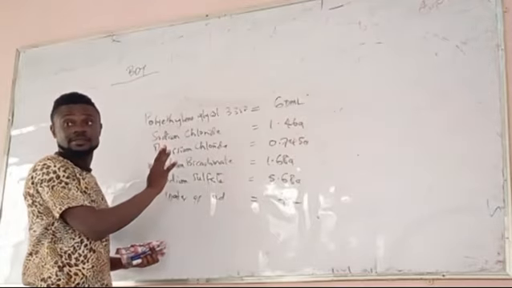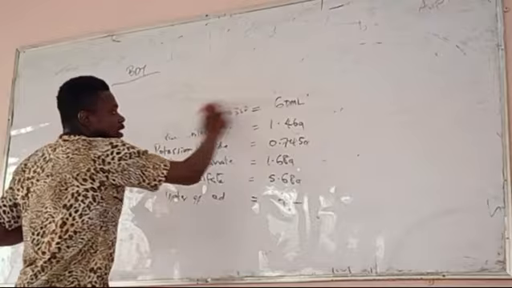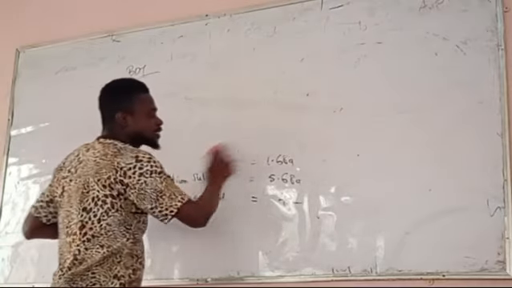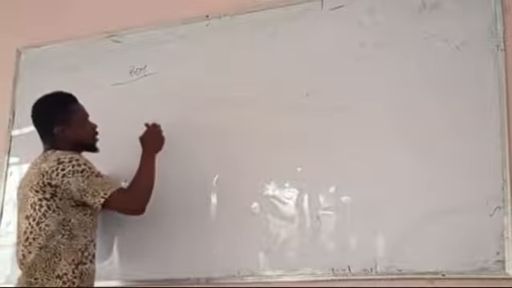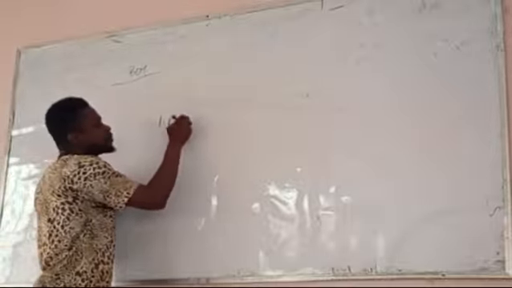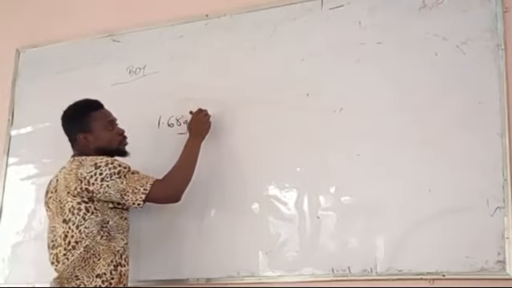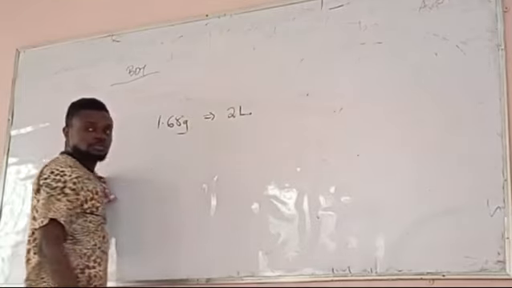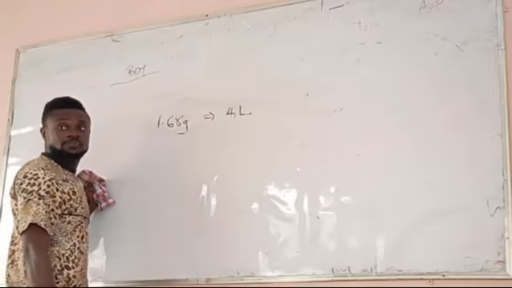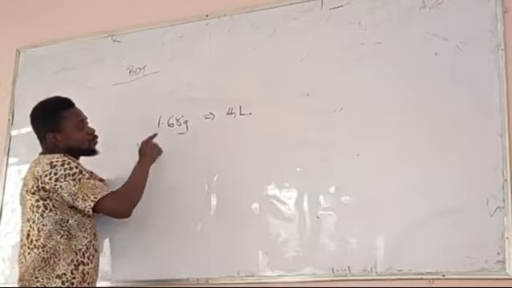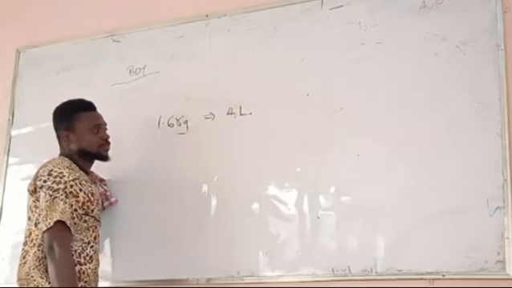From the formula, we have established that 1.68 gram of sodium bicarbonate is required to produce 4 liters of the lavage, right?